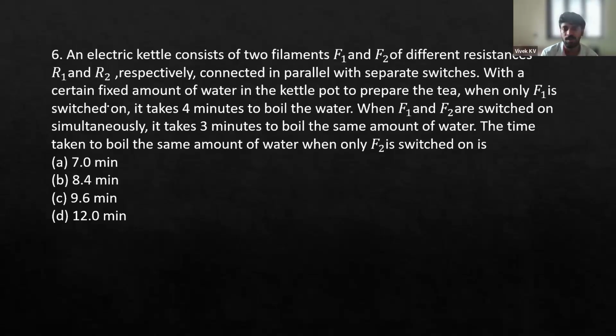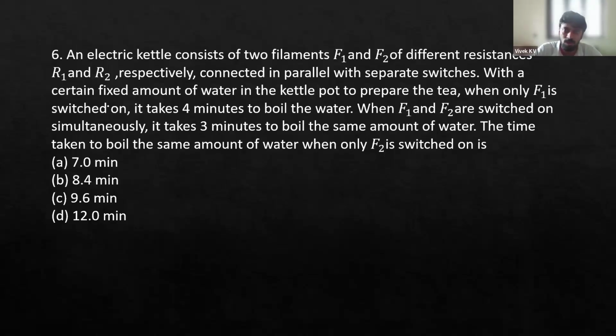Here, F1 and F2 are filaments of different resistances R1 and R2, connected in parallel with separate switches. If you want to boil a certain amount of water, we have to apply heat, which is provided by the resistance of the filaments. When only one filament F1 is switched on, it takes 4 minutes, because only that much heat is given to the water.